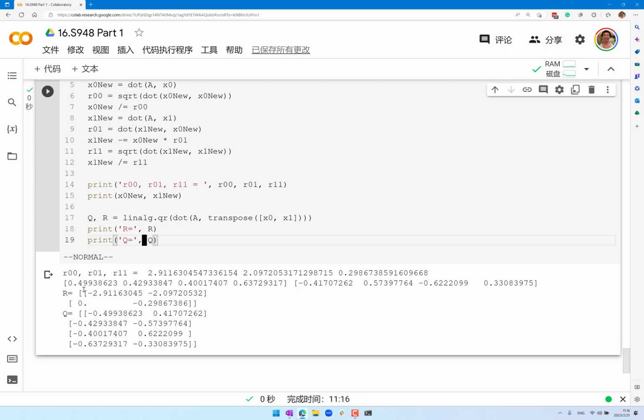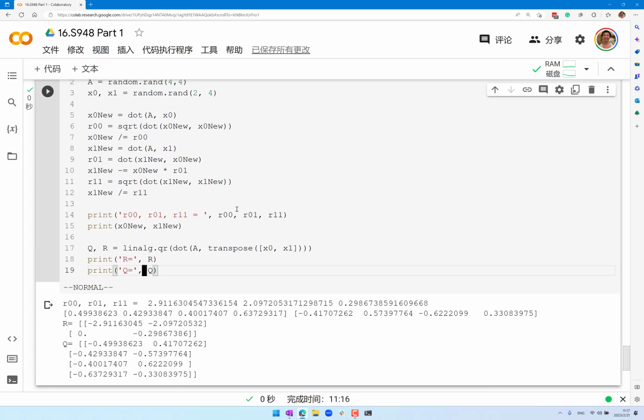Also look at the correspondence between the two new vectors we obtained and the Q matrix. If you look at these two columns, other than the minus sign, they are exactly the same as these two new vectors. So essentially, the QR factorization is a pretty good way of doing this orthonormalization procedure.